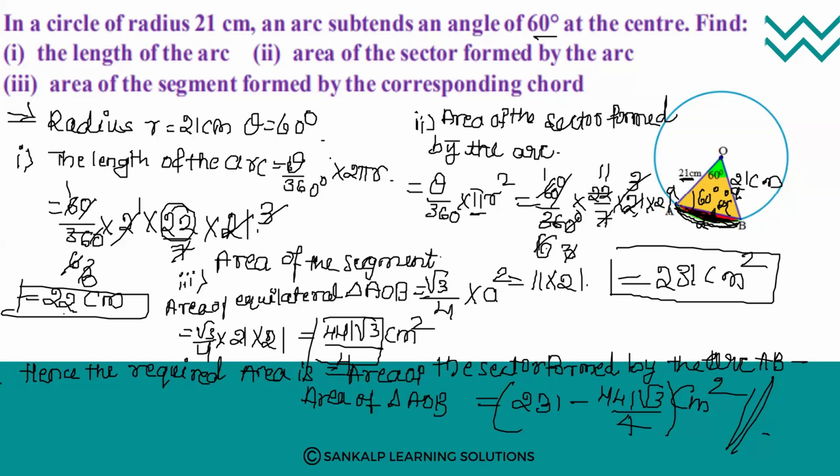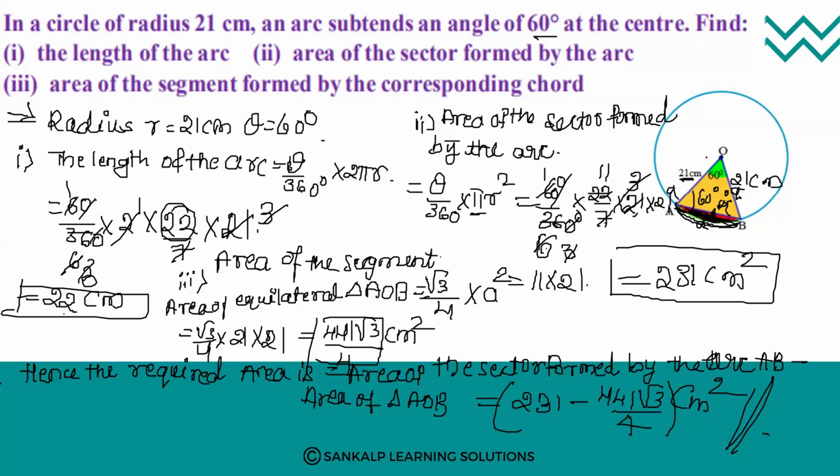Next, third one is area of the segment formed by the corresponding chord. That is this area, this part is the segment, that is minor segment here. So one equilateral triangle will form. That means we have to find the area of the equilateral triangle, that is root 3 divided by 4 into a square, where a is the side.